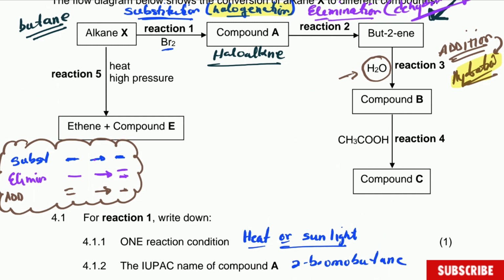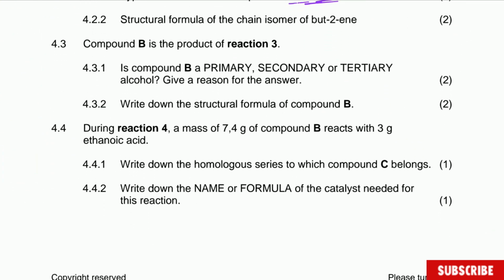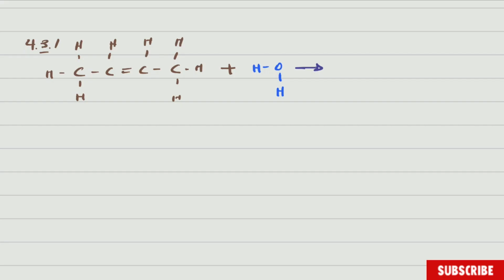Okay, so compound B, now we're having but-2-ene. So let's go and see the reaction here. Okay, so here's the reaction. What is going to happen here is that the double bond you are seeing there is going to break and it's going to open space.